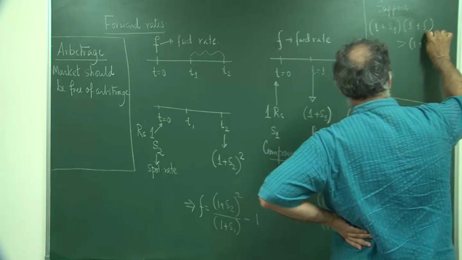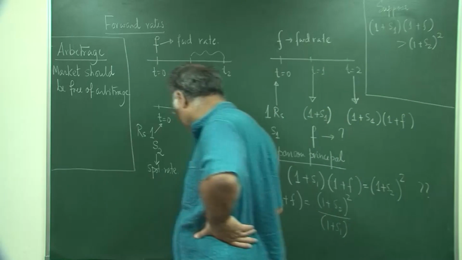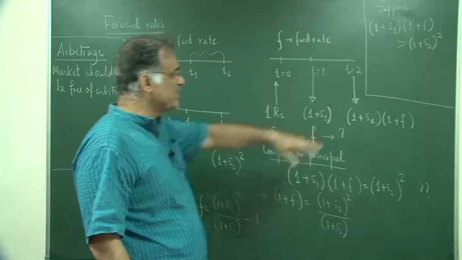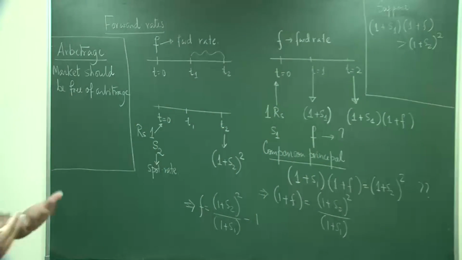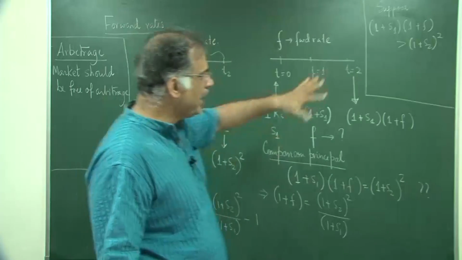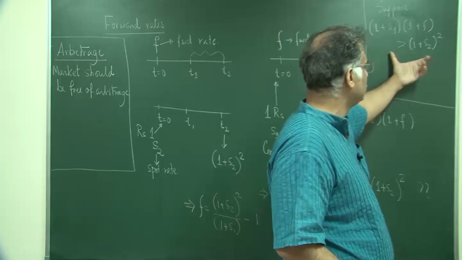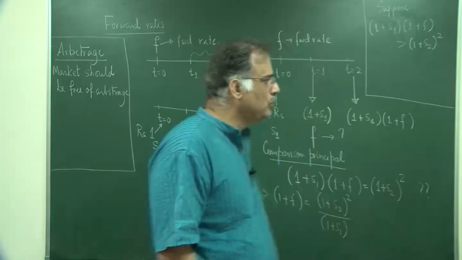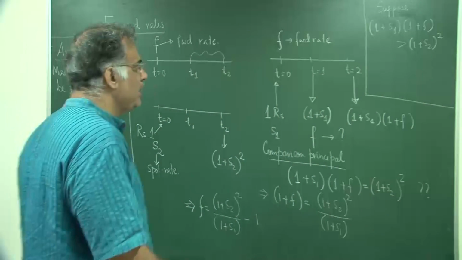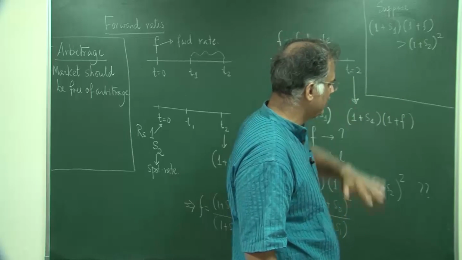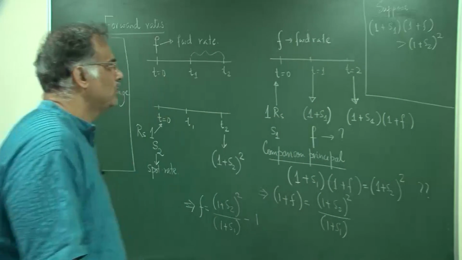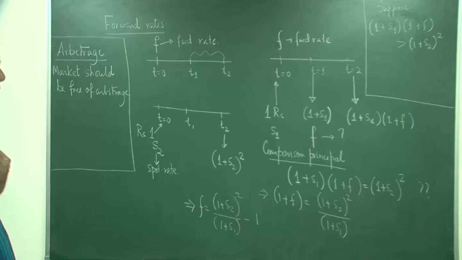If I am allowed to quote such a forward rate such that this is strictly bigger, then we will argue that we can actually make money without doing any sort of investment. How is that possible?